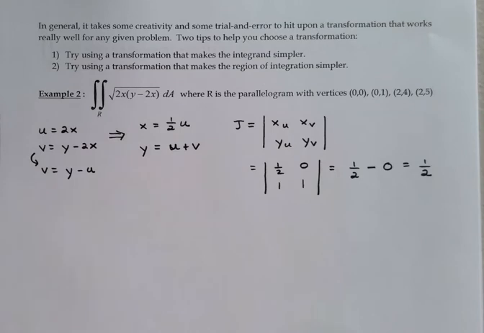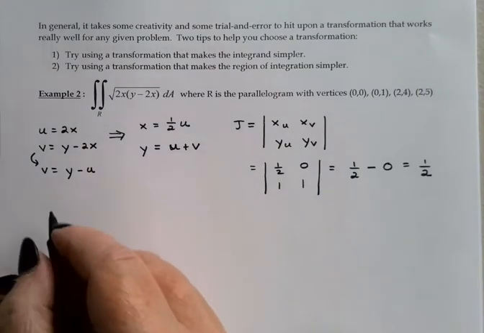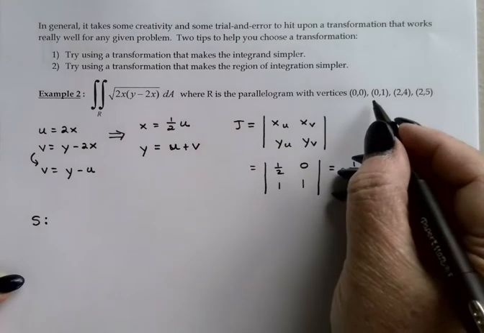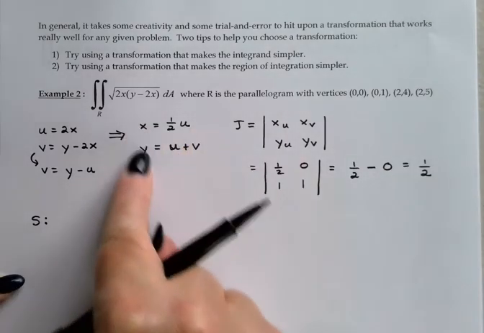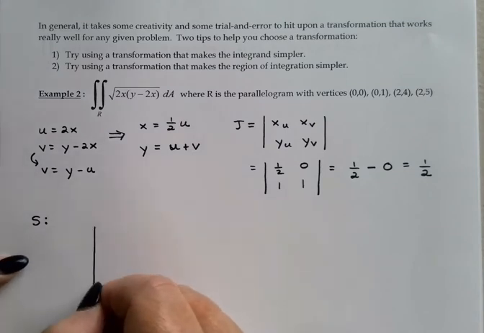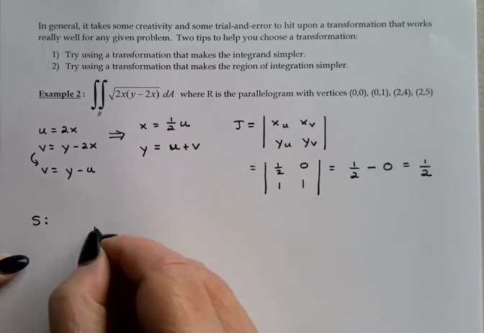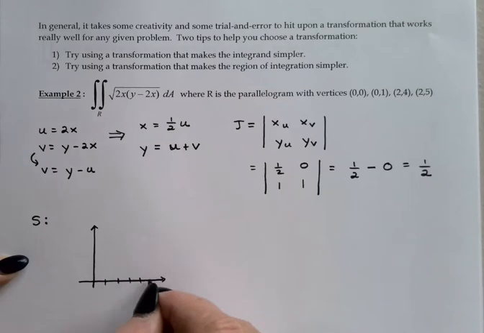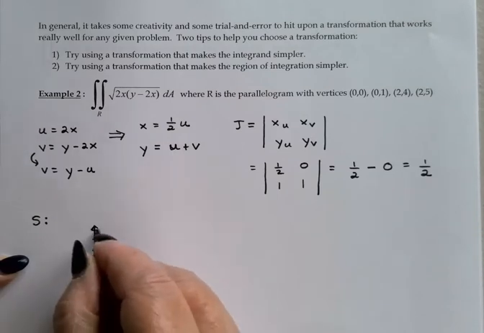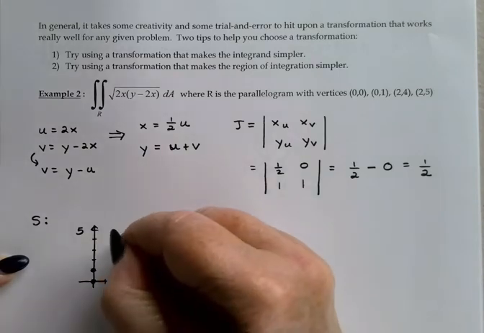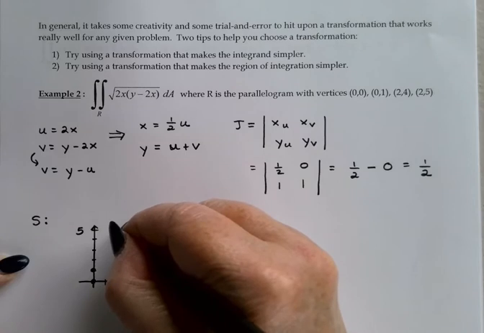What region S will I actually be using? So to figure out S, the region of integration, I'm going to start by looking at R itself, and then we'll apply these transformations and see what we get. So here's R. It's the parallelogram with vertices 0, 0, 0, 1, 2, 4, and 2, 5.